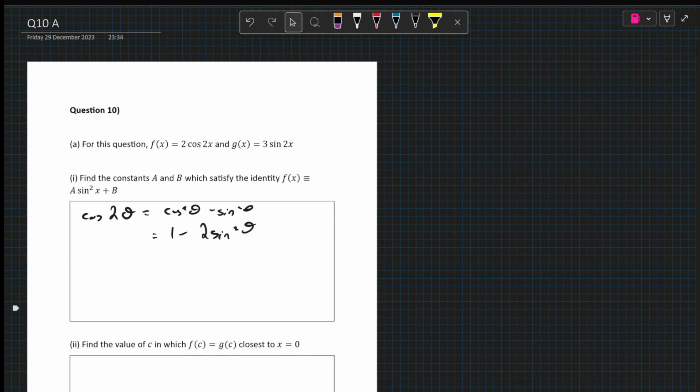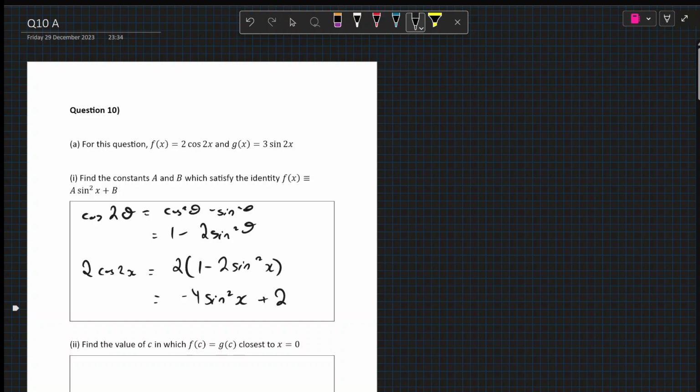So what we get is that 2 cos 2x is 2 times 1 minus 2 sine squared x, rather, not theta, which, when we write it in this form, is minus 4 sine squared x plus 2. So we can write that a is negative 4 and b is 2.